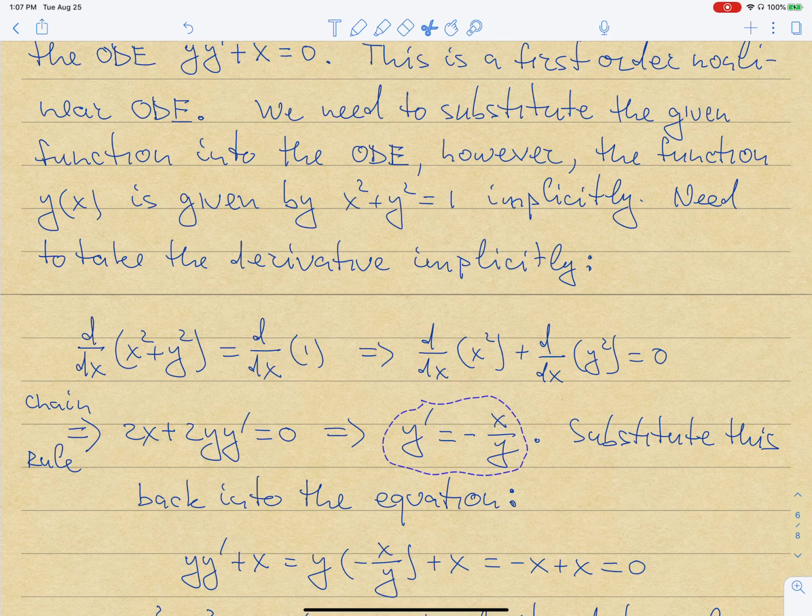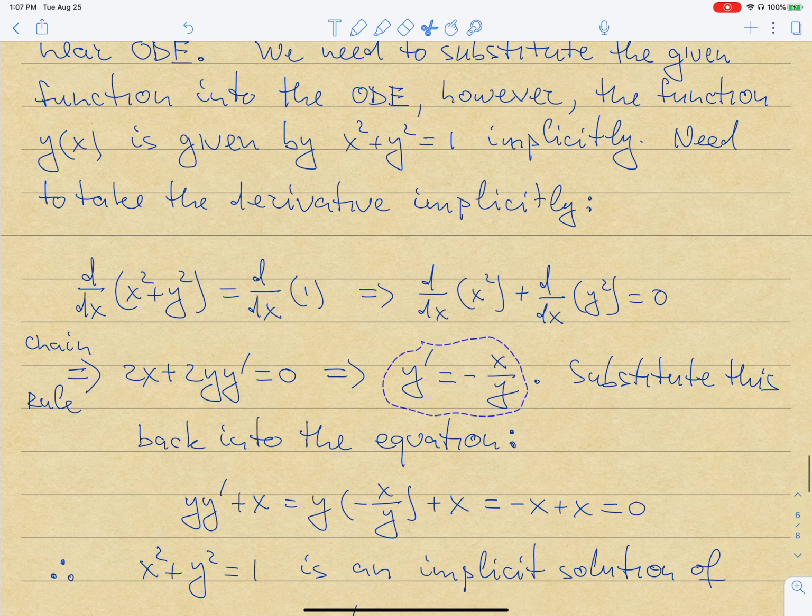So you might recall also that when you take a derivative implicitly, because originally you did not solve for y in terms of x, then the implicit derivative will give you y prime not just in terms of x, but in terms of x and y. Actually, this circled expression already means the following.